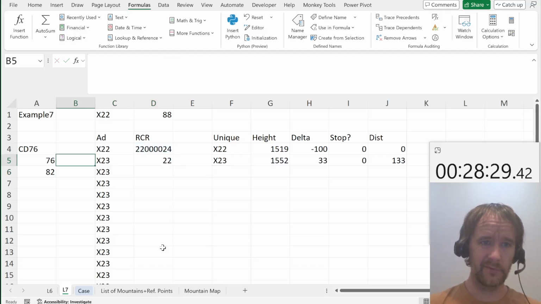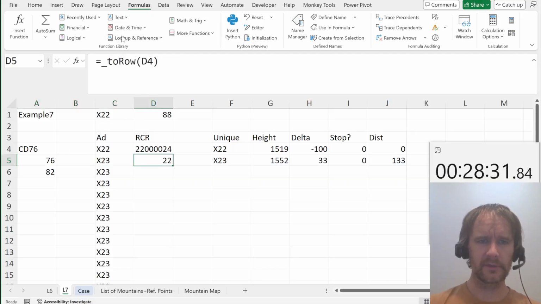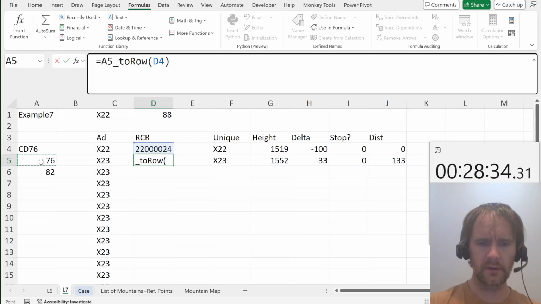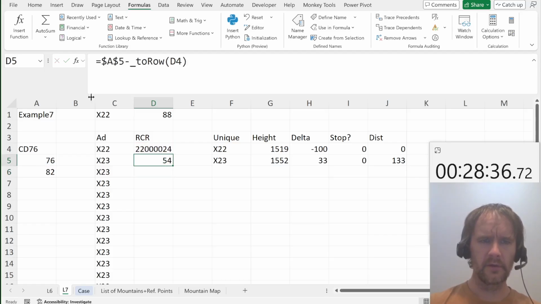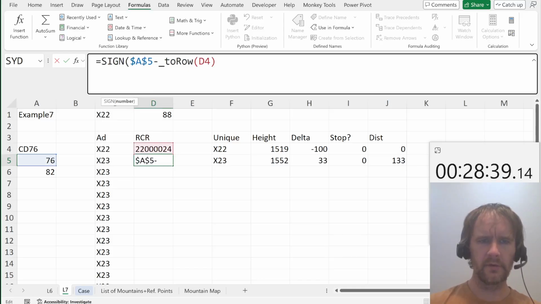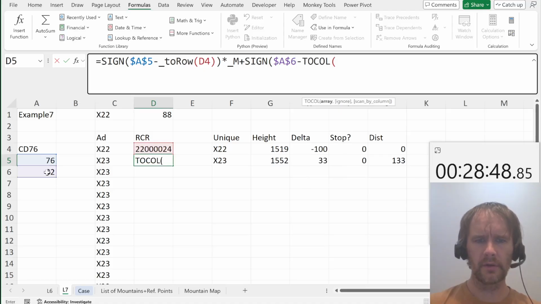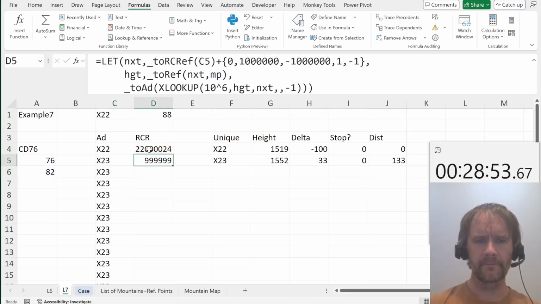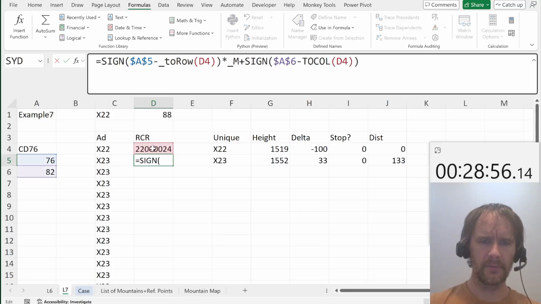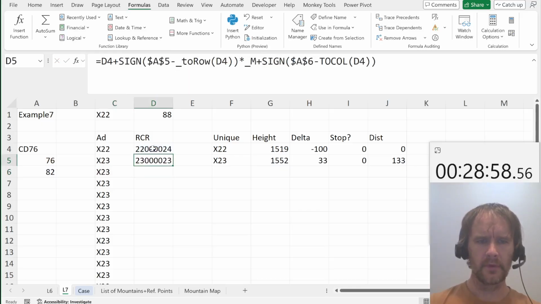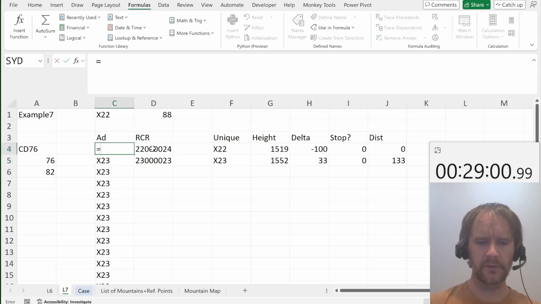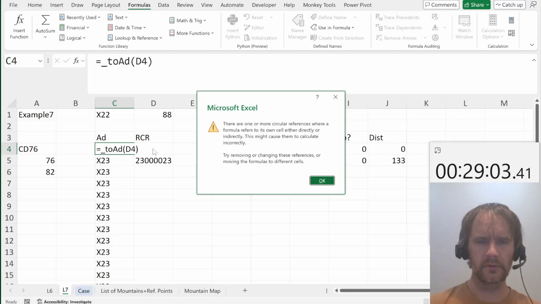It's going to be 22 versus that 76. So it should be this block minus that, and sine of that times m plus sine of this block minus 2 col of this. Oh, sorry, all of that plus this. So that shifts it one step, and let's just do 2 add so I can look at it.